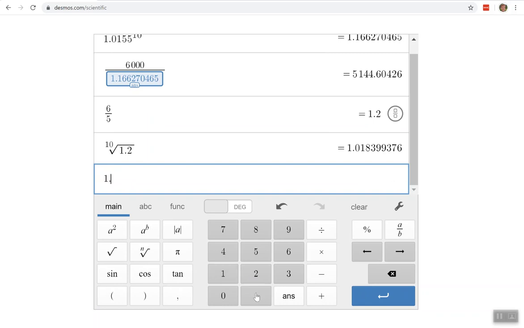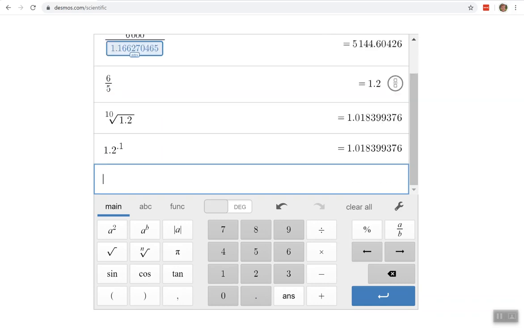There's actually another way to do that that might be easier on your calculator. You could do 1.2 and then the exponent button, and then the 10th root is the same as the 1/10th power. So you could type in the fraction 1/10, or maybe it's easier to type in the decimal 0.1, and then you'll get the same answer either way. Okay, and then we were supposed to subtract 1.